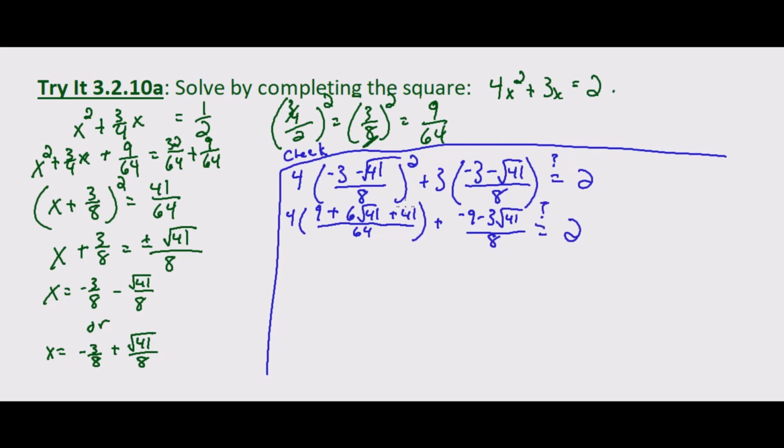Well, 9 plus 41 is 50, but then all of those are divisible by 2. Let's go ahead and cancel this out here. 4 divided by 4 is 1. 64 divided by 4 is 16. And now we have 50 plus 6 over 16.